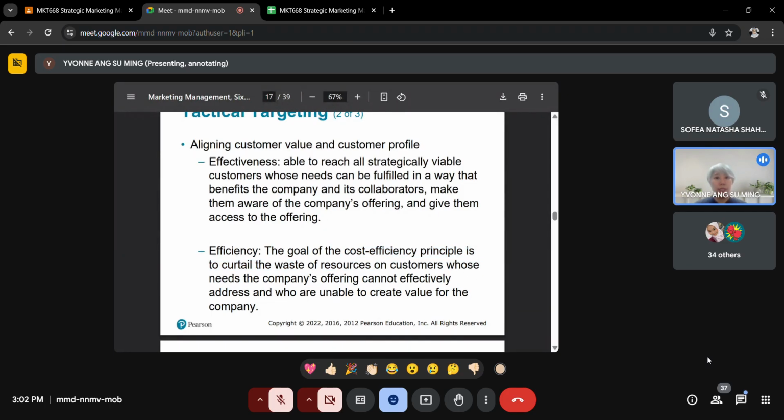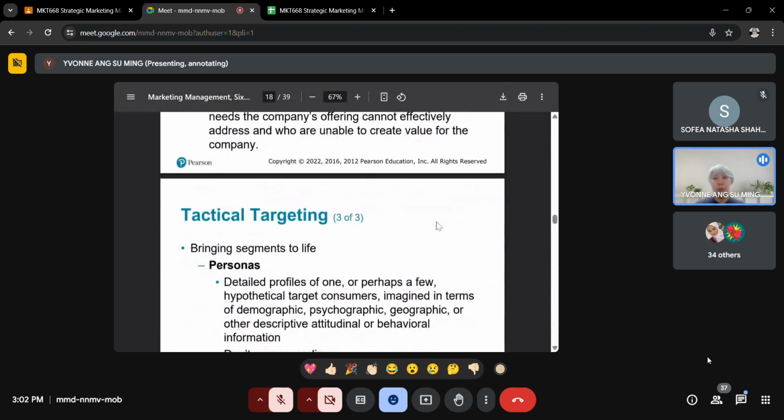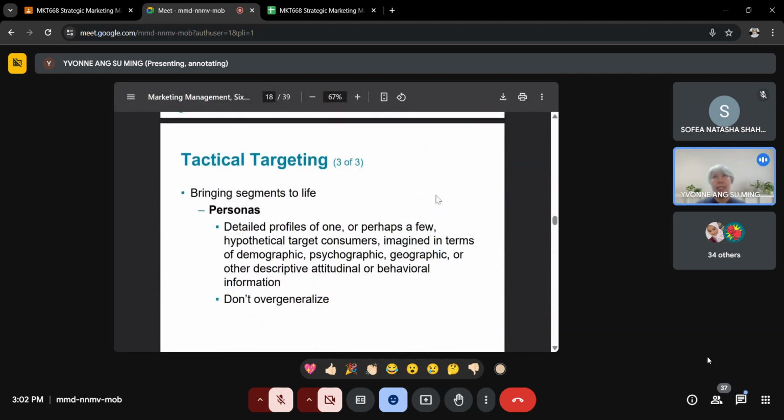Okay, so you can see here untuk tactical punya targeting, dia punya underlying principle ialah kita memang nak align kepada customer value dan customer profile, tetapi kita nak buat dengan cara yang efektif dan juga efficient. Okay, so it means everything that we do, we have to make sure that we can capture the market that we actually want, we can reach out to the market that we actually want, and we can do that in a cost-effective punya manner.